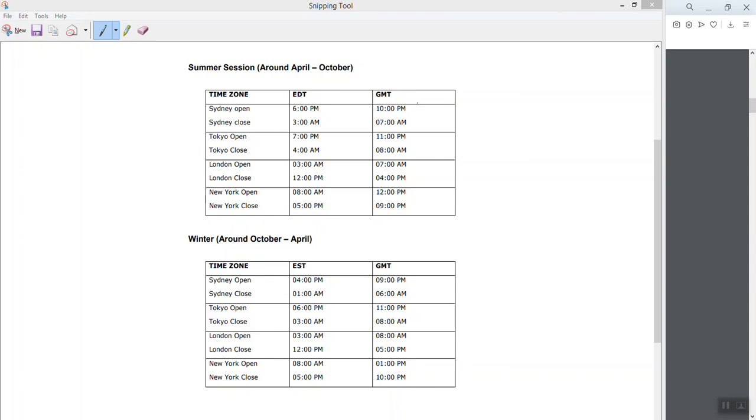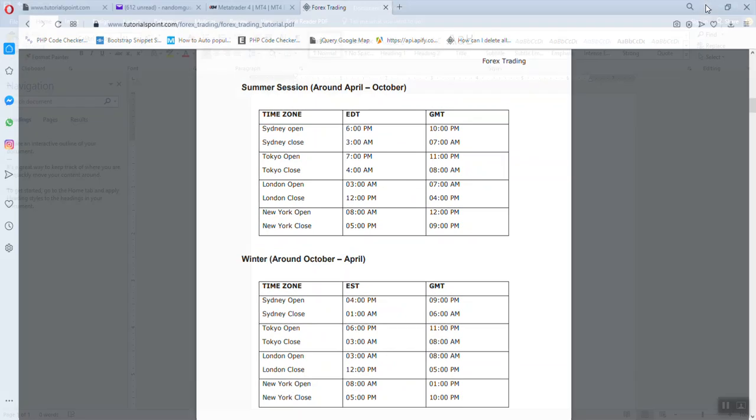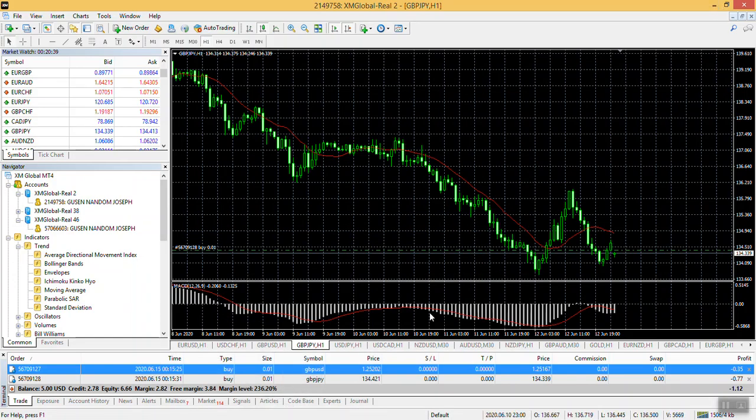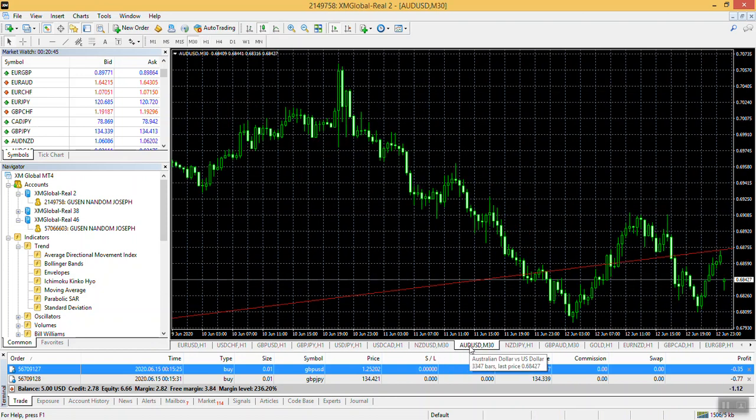in the morning. During this Sydney time, you would realize that some currencies will be very volatile. One of the most volatile currencies you're going to be seeing is the AUD. Any currency that has the AUD, look at this, this is the AUD.